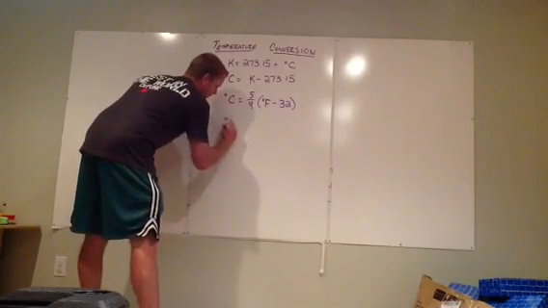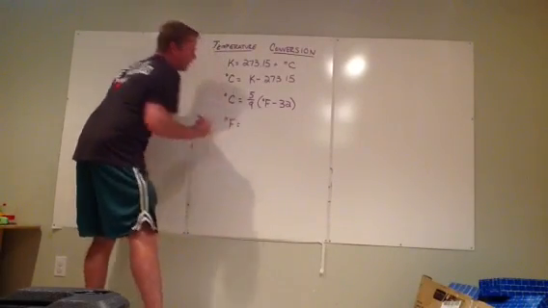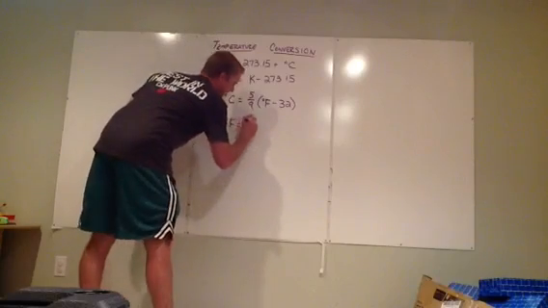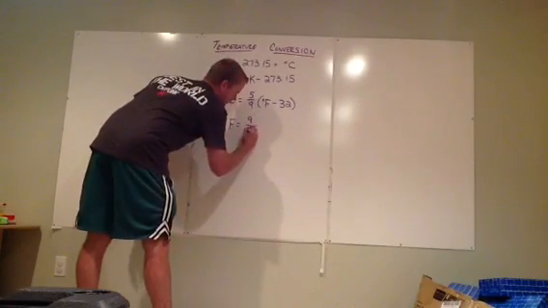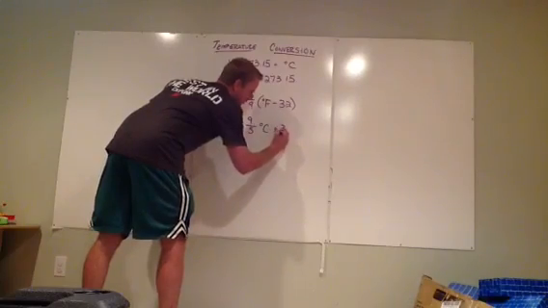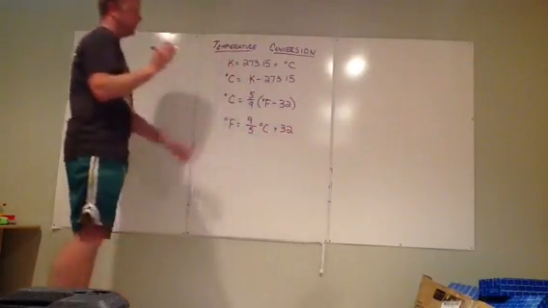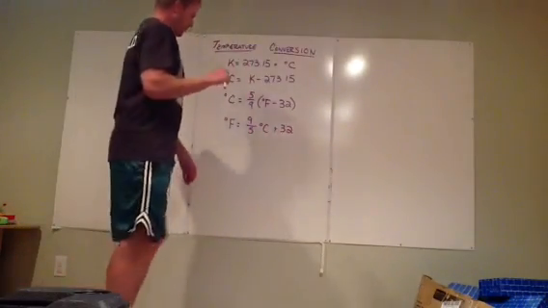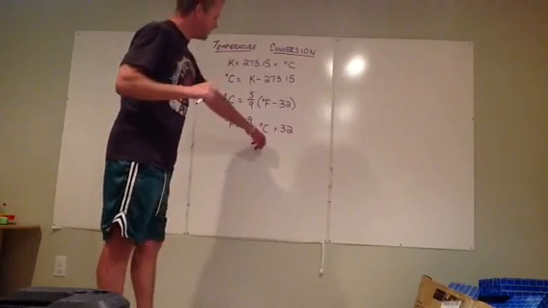Likewise, the algebra on that would be degrees Fahrenheit equals 9/5 degrees C plus 32.